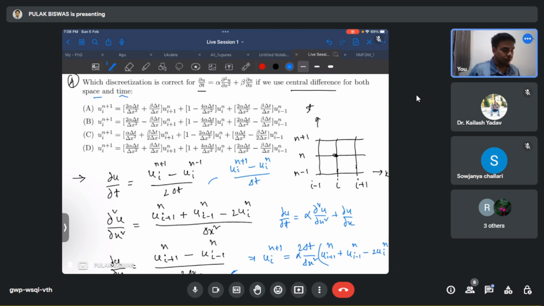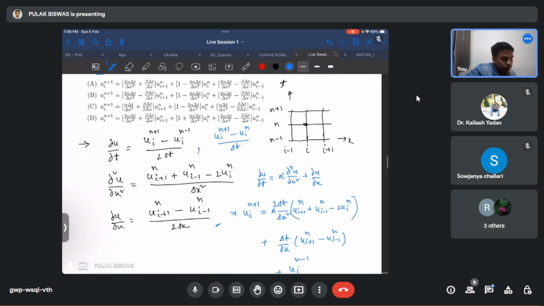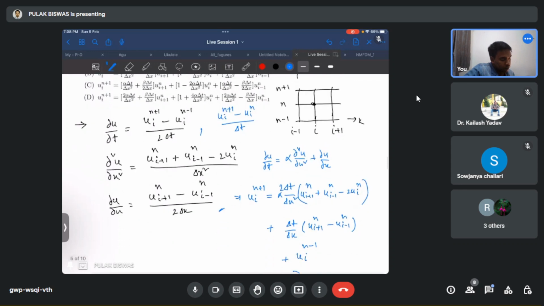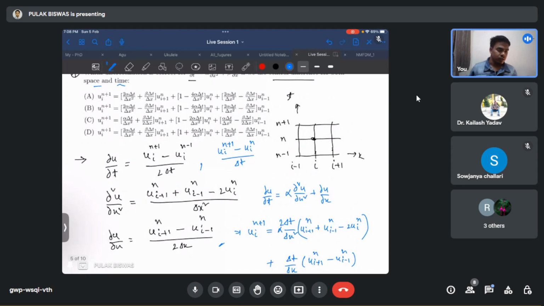Then can you tell me what is the correct option? And this is easier, simple to substitute and rearrange the things.